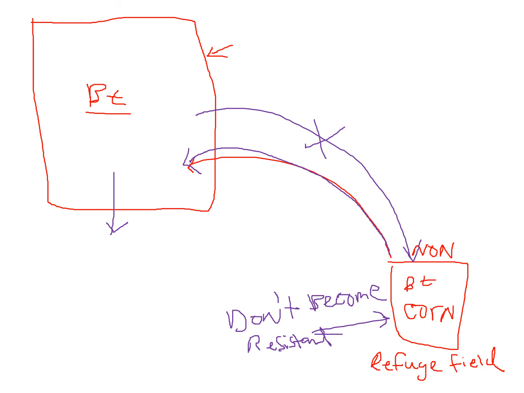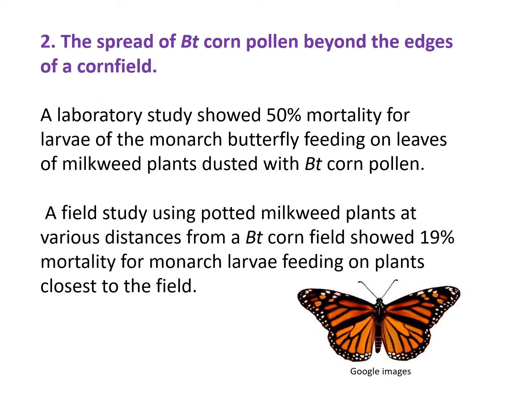You get what I'm saying? In other words, the genetics is going to flow both ways. So this is not a viable solution. This is just silly to think that you could create a one-way path of gene flow in a population.